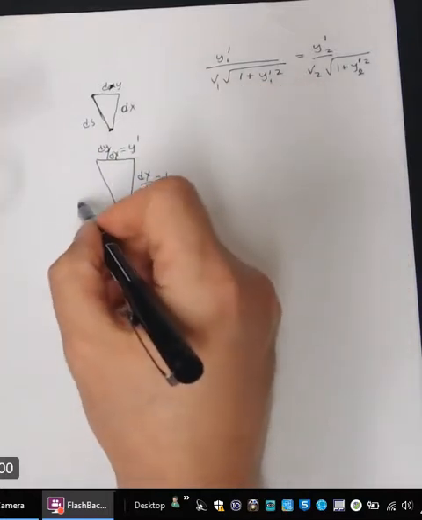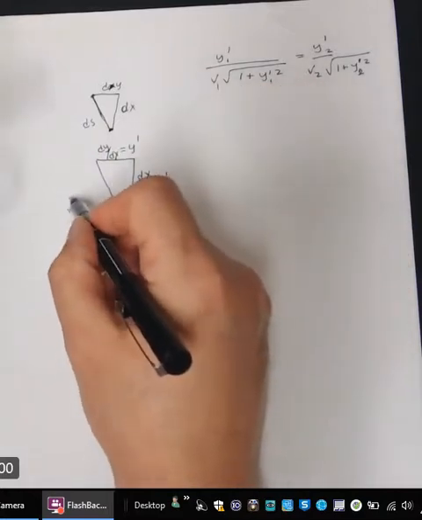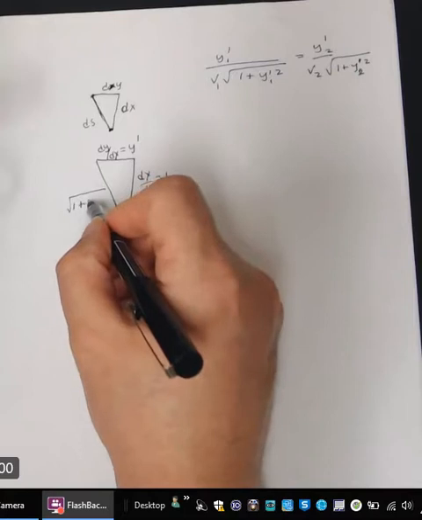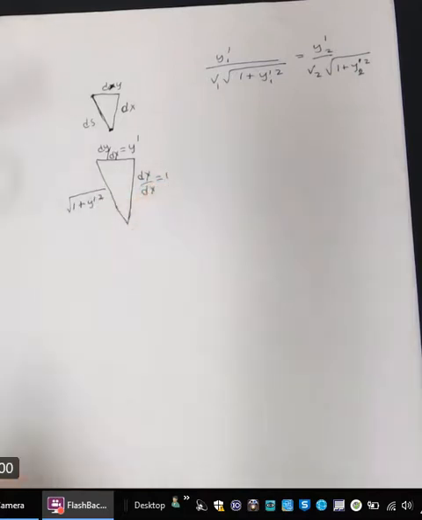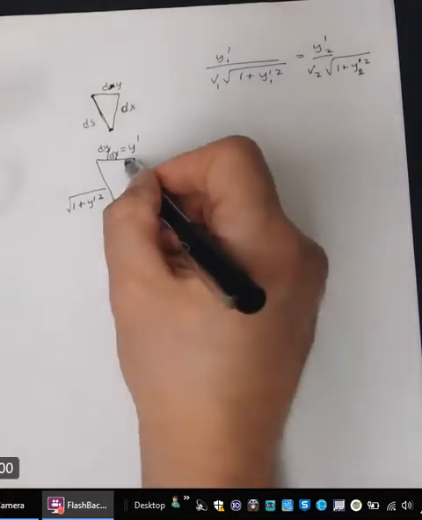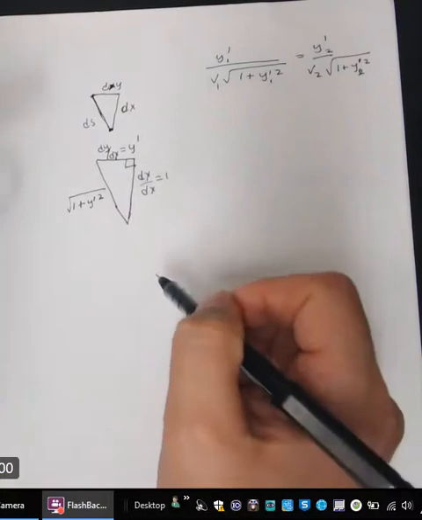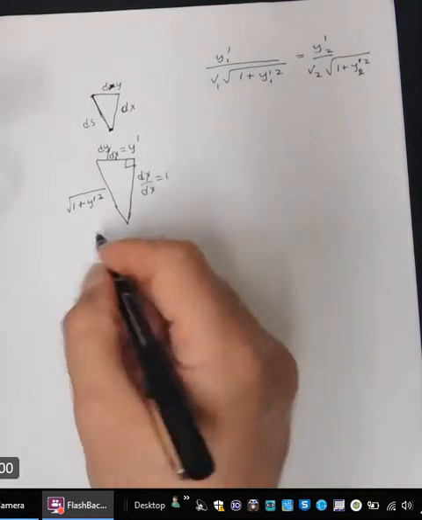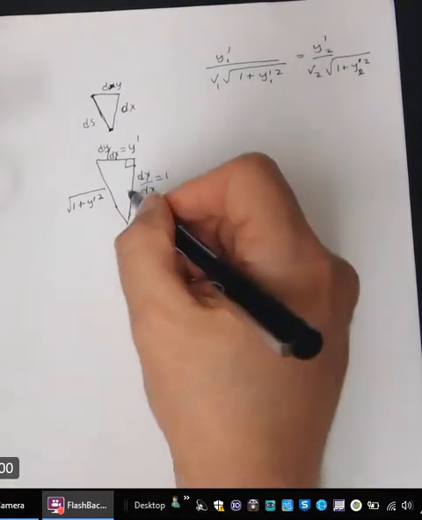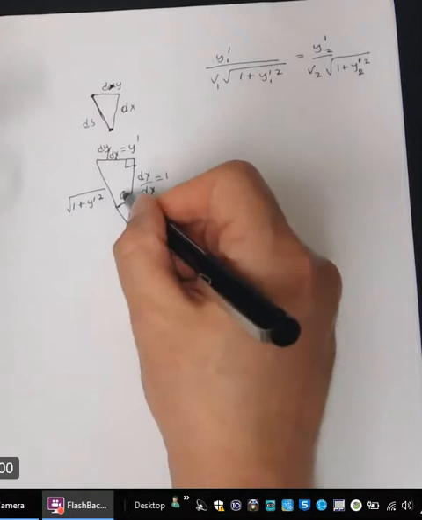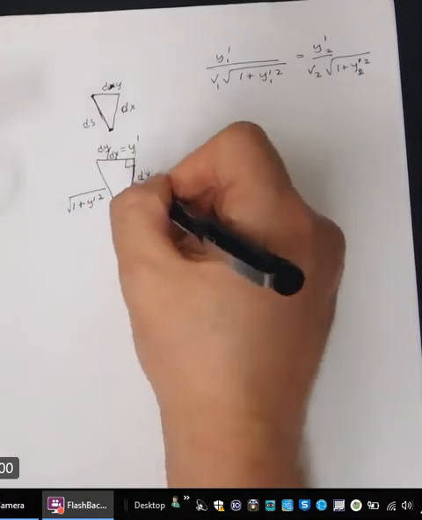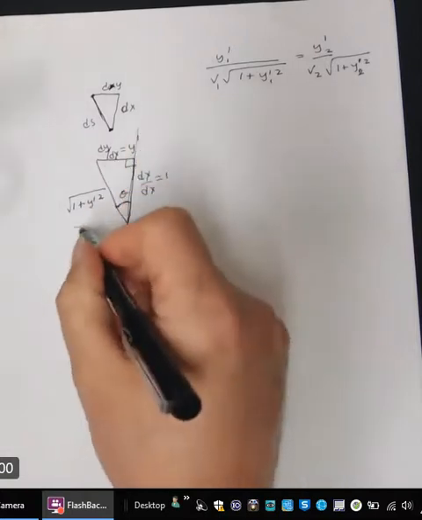And this side, of course, ds over dx, is the same as the square root of 1 plus y prime squared, because it's a right triangle. So let's say this is theta with respect to this axis, and here's our boundary.